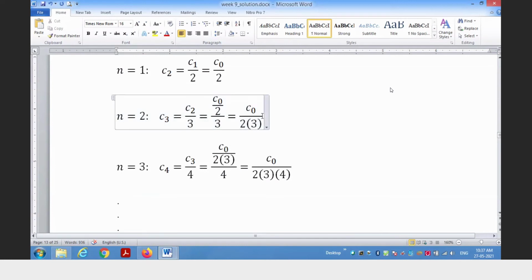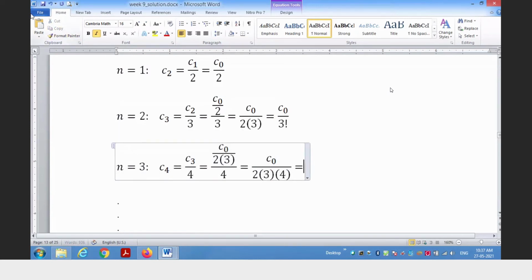So this is the same as C0 over 3 factorial, while this is equal to C0 over 4 factorial. 3 times 2 equal to 3 times 2 times 1.